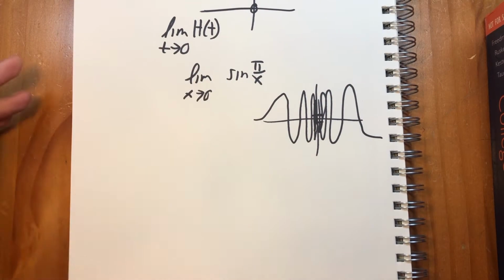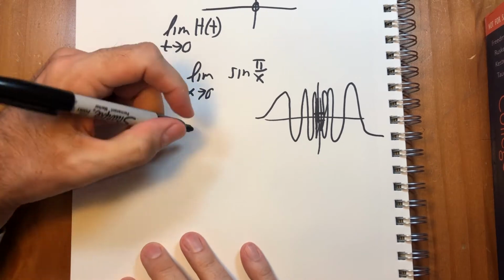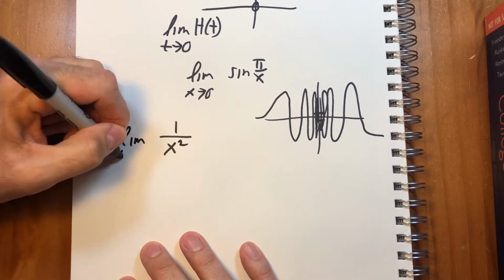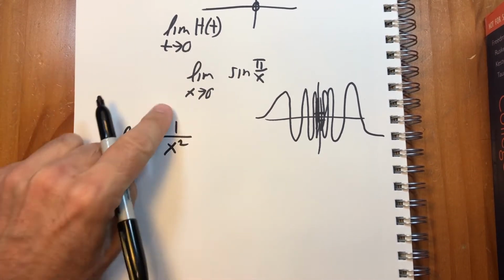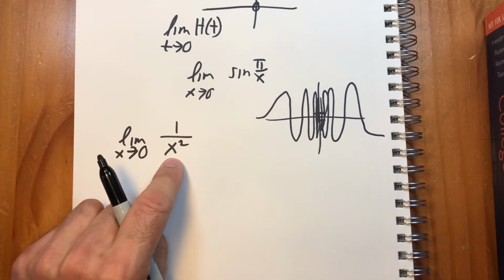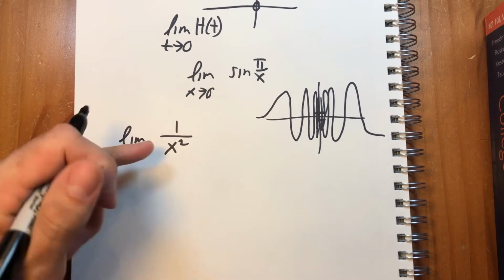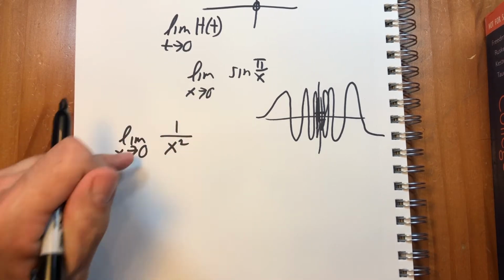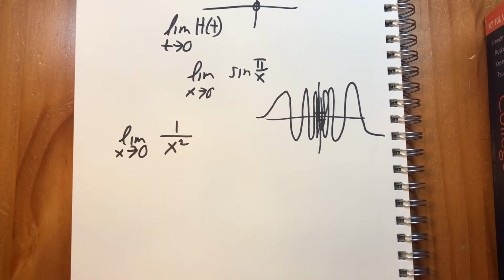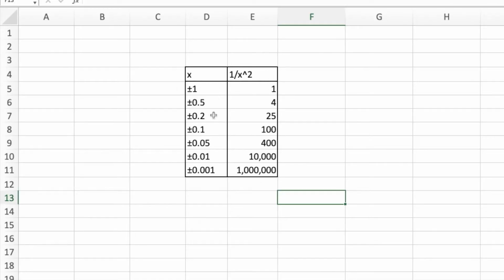Okay, so today we're going to look at something else. What about the limit as x approaches 0 of 1 over x squared? As x approaches 0, the denominator gets smaller and smaller. That means that this number gets larger and larger. I made a little table here. You can see on this table that as you get closer and closer to 0, 1 over x squared gets bigger and bigger.